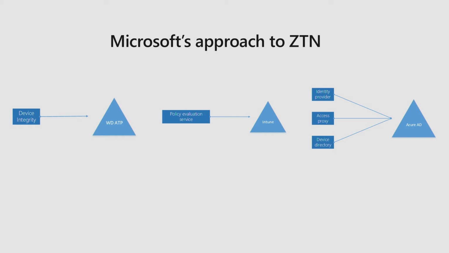ATP identifies attacks, Intune provides policy compliance, and those 2 things together give us the ability to reason about whether the device is trustworthy or not. A really good simple example of that is if you're not running the latest and greatest high-tech security policy or features on your Win 10 device, maybe I want to allow you to access a wiki, but I don't want you to go to the Joint Strike Fighter plans or the nuclear plans.